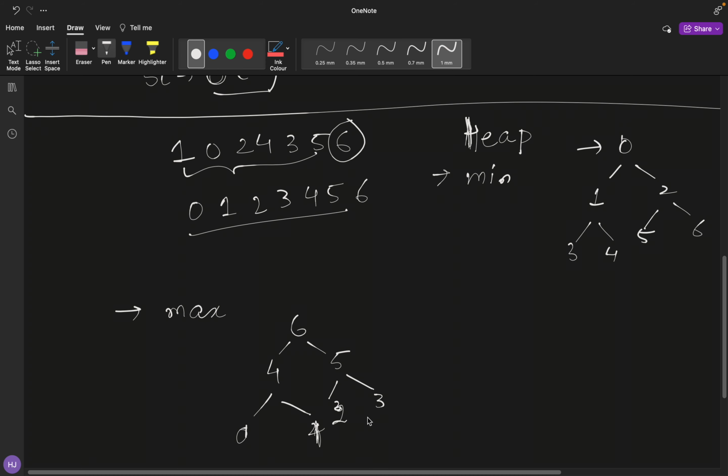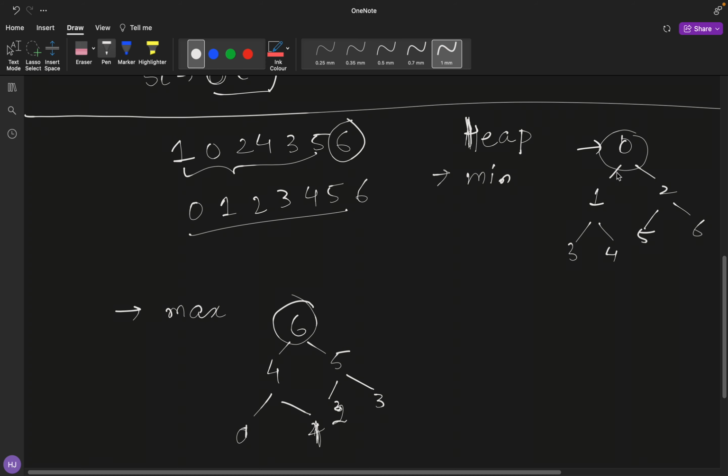So in the max heap the elements are in some decreasing fashion, right? At the top of the max heap we would always get the maximum element, and in the min heap we would get the minimum element at the top. So we are done with this, and we can happily say that we can choose either a min heap or a max heap.